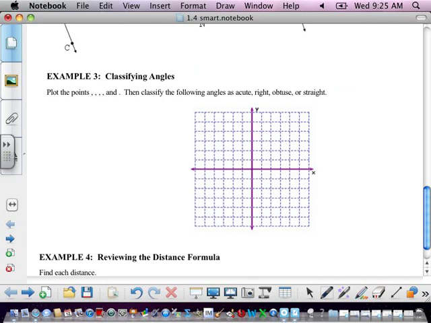All right, we're going to plot these points. E is 4, 0. F is 3, 2. G is 1, 0.